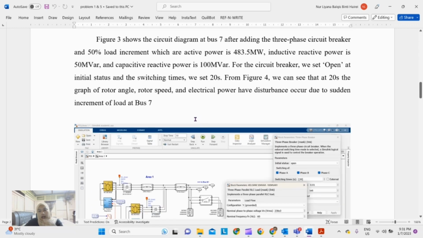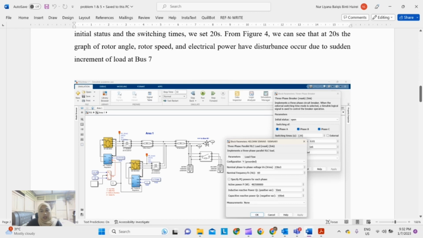We add the load for a 50% load increment, where the active power is 483.5 megawatt, the inductive reactive power I set to 50 megavar, and the capacitive reactive power I set to 100 megavar.